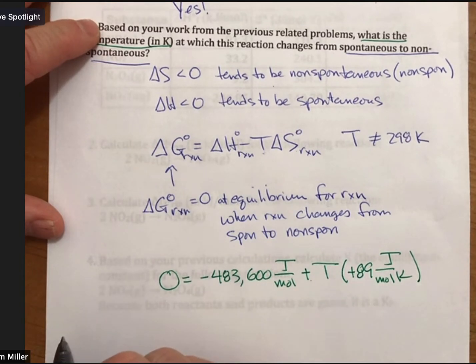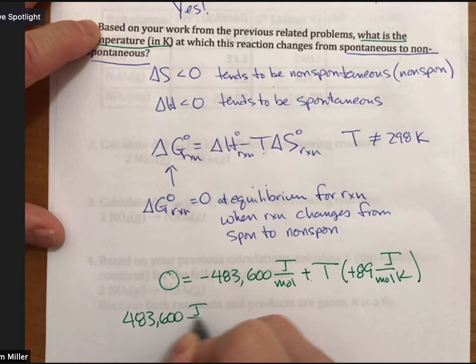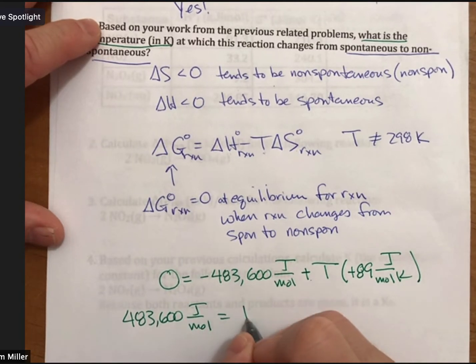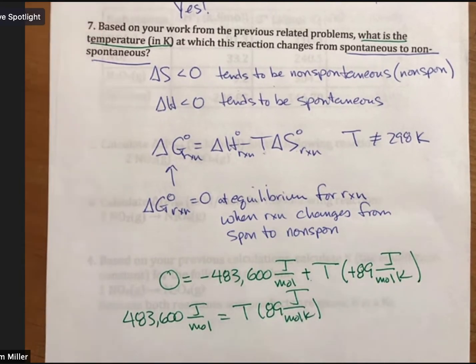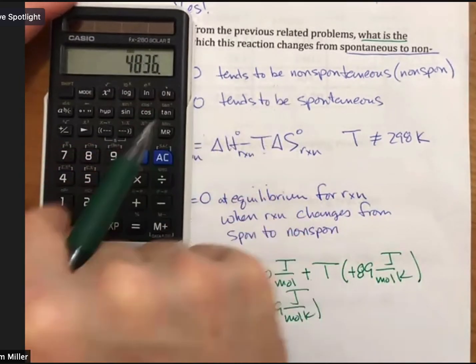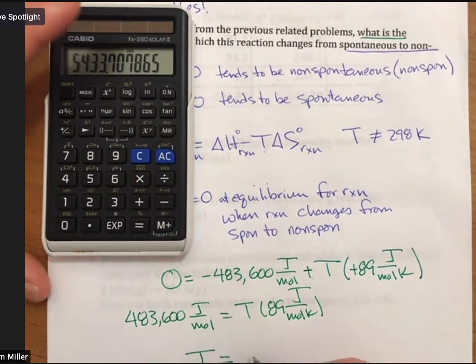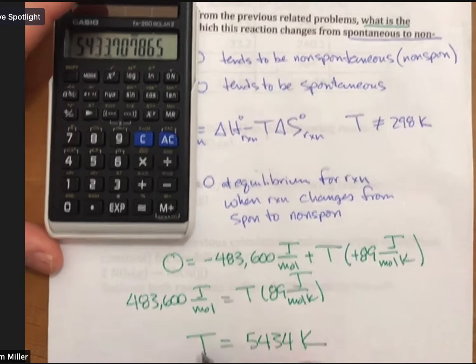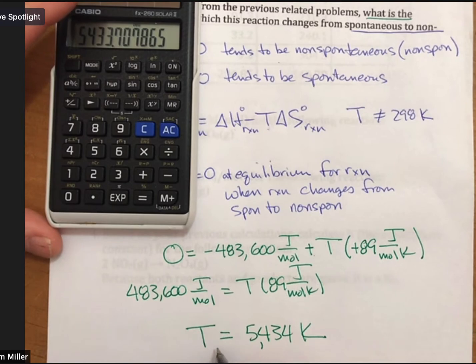I take the 483,600 over to the other side. And I solve for my T by dividing both sides by 89. And I get that temperature equals 5,434 Kelvin as the temperature at which this reaction changes from spontaneous to non-spontaneous.